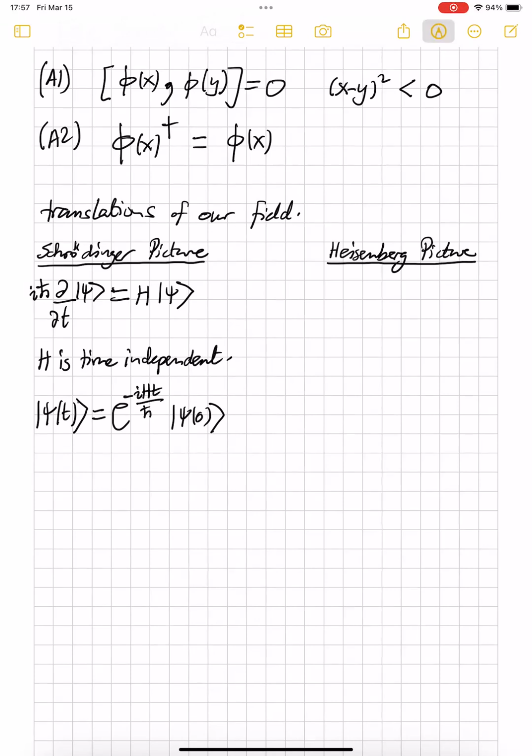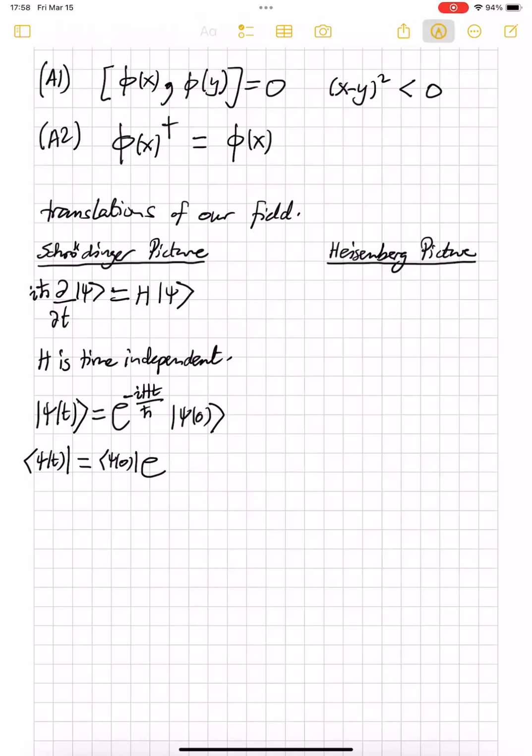Well, you dagger the equation that you've got. So if I dagger ket psi, I will get bra psi. So there's bra psi is equal to. And when I dagger the operator and the ket, they will swap order and become a bra and a ket. So I will get bra psi of naught. Then I'll again have my exponential.